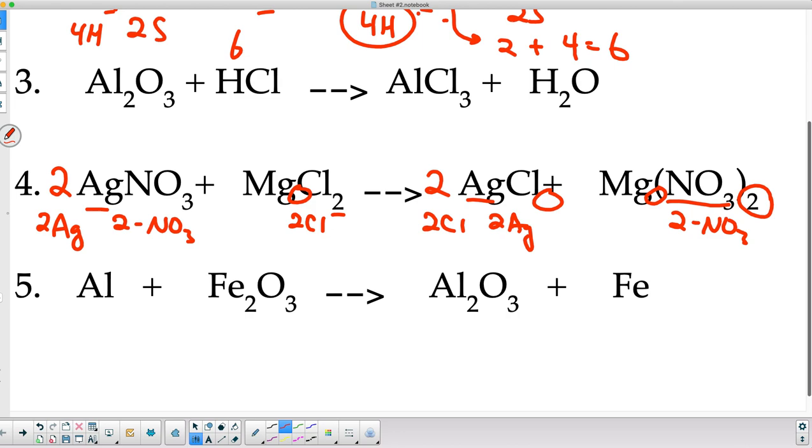So this ends up being 2, 1, 2, 1. Those are the coefficients in front. Okay, I'm going to let you work on those. These are a little more difficult than sheet number 1. Good luck. Please ask questions in class.